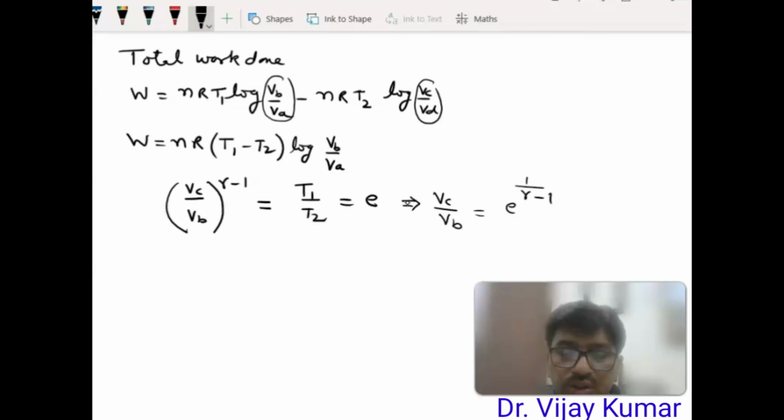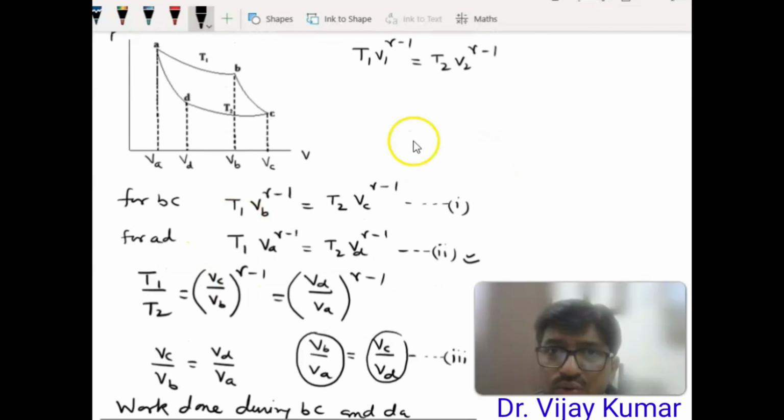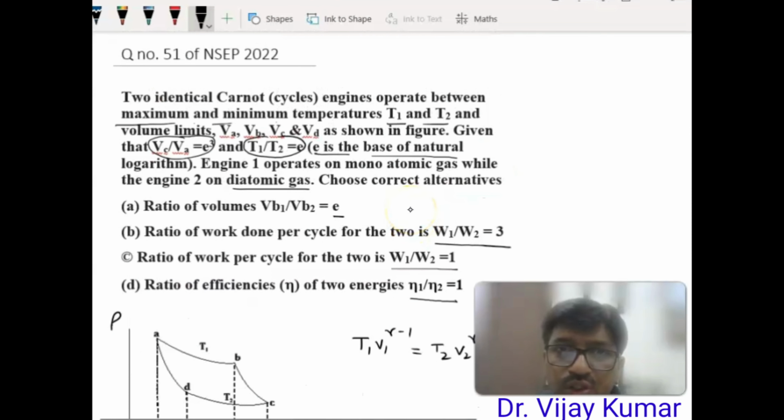Now we can solve for VC upon VA, which is VC upon VB times VB upon VA, so VB upon VA equals VC upon VA divided by VC upon VB. VC upon VA is equal to e cube, it is given in the question.